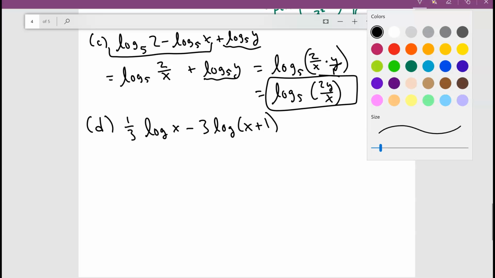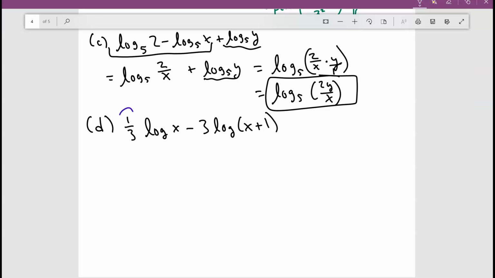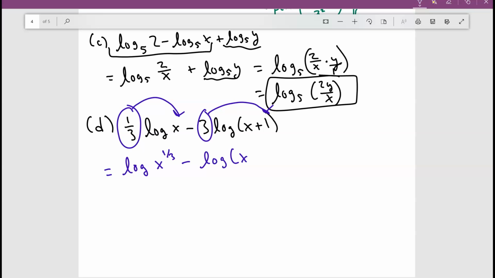The first thing that you want to look at is this 1/3 and this 3. We've got to put them to the front. So this is going to be log x to the 1/3 minus log x plus 1 to the 3rd power. Now this is subtraction, so it's going to turn into a fraction.